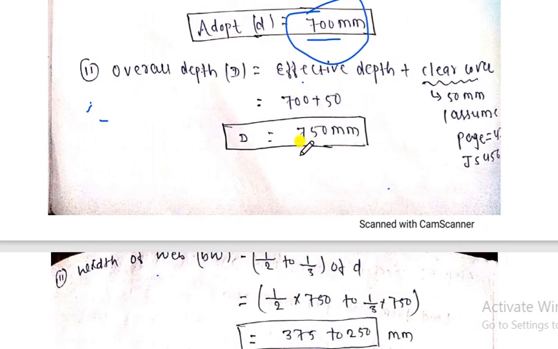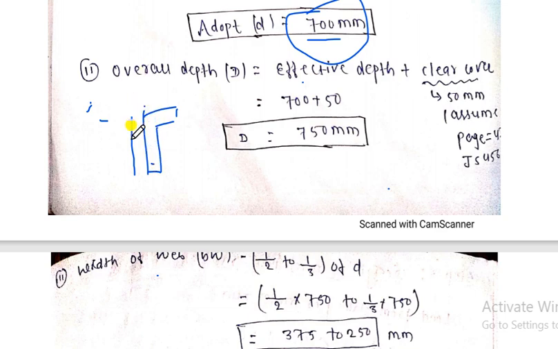Here we need to calculate the overall depth. Just imagine this is the L section, right, and here the reinforcement is provided. The distance from the topmost fiber to the bottommost fiber is the overall depth, and the effective depth is from the center of this reinforcement to the topmost fiber.